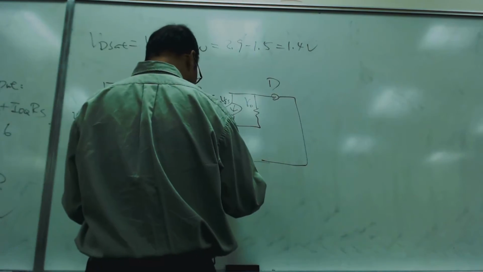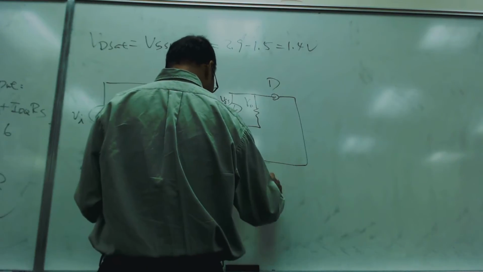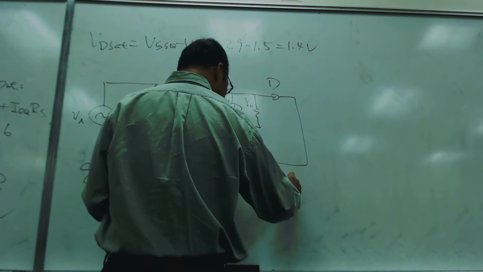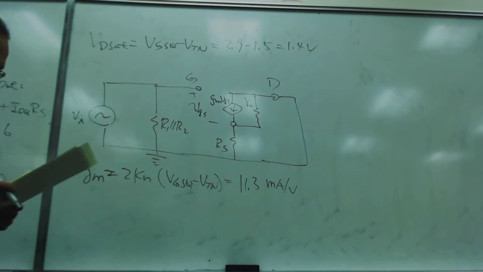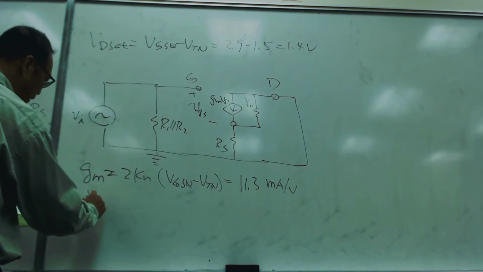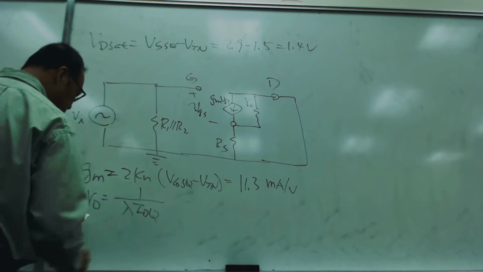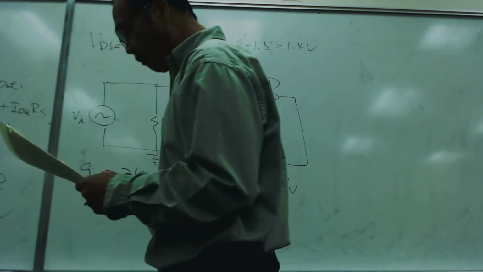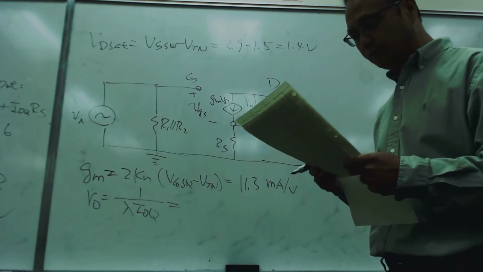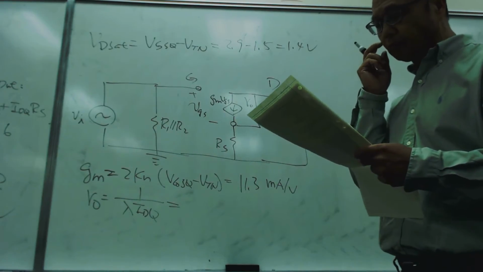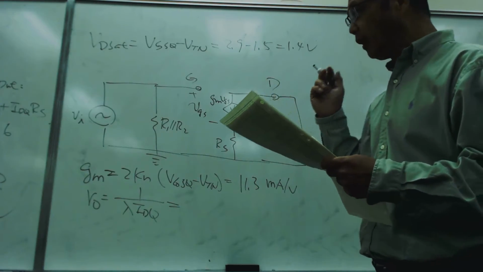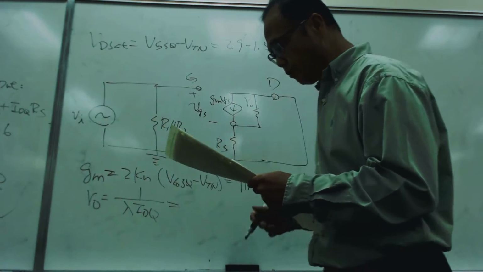So 11.3 milliamp per volt. Okay, R sub O is 1 over lambda IDQ. That's the formula I gave you earlier. And lambda is 0.01, right?